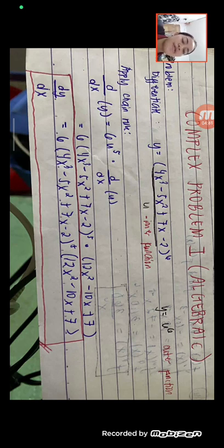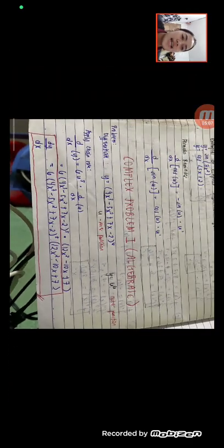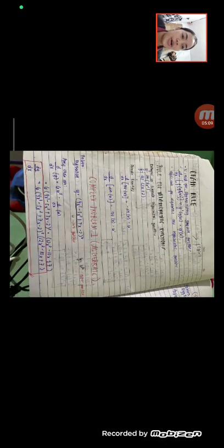Our final answer for complex problem 1 is dy over dx equal to 6 multiplied by the quantity 4x cubed minus 5x squared plus 7x minus 2 raised to the power of 5, multiplied by 12x squared minus 10x plus 7. That is for complex number 1.